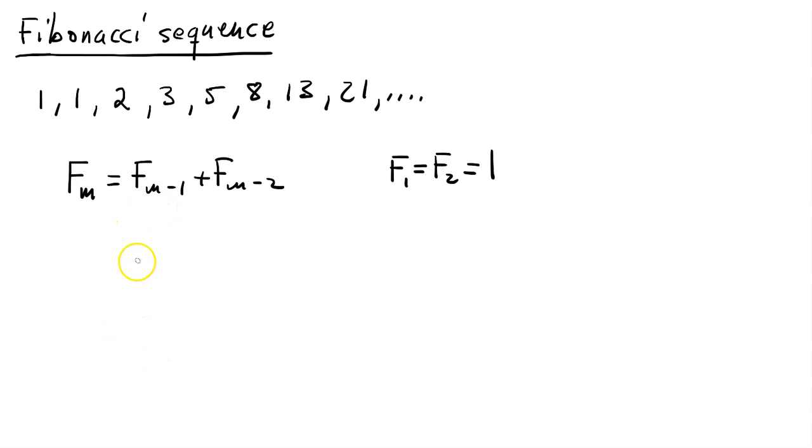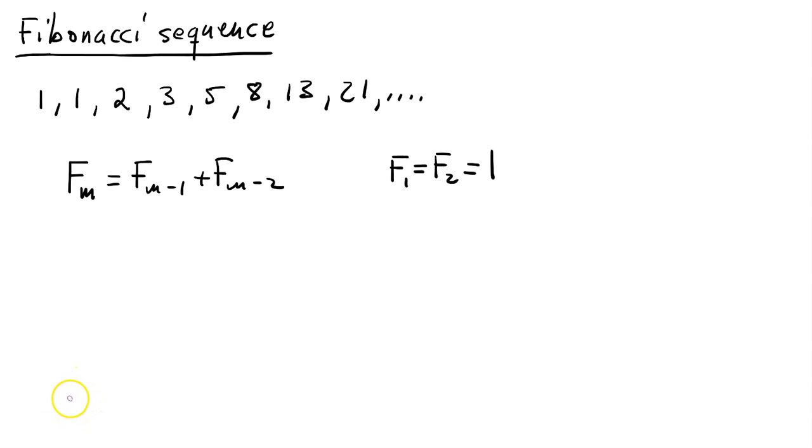This number sequence is named after the Italian mathematician who lived in the 12th or 13th century. And he discovered this sequence when he studied somewhat idealized rabbit populations.